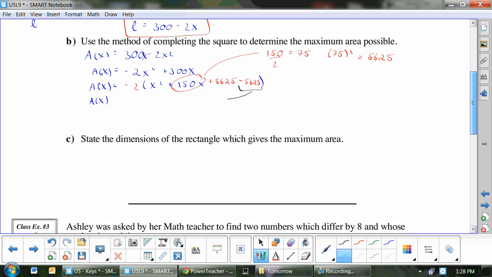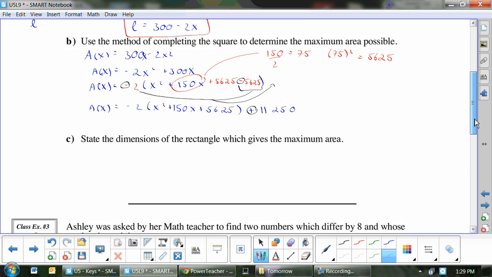So we're going to multiply it by -2 and then stick it on the end. So we have -2 times x squared plus 150x plus 5,625, and then we have plus 11,250. Because we have a negative here and here, we get a plus there.